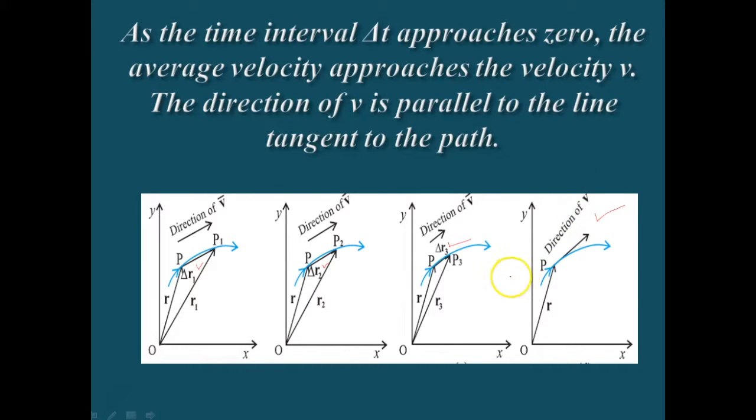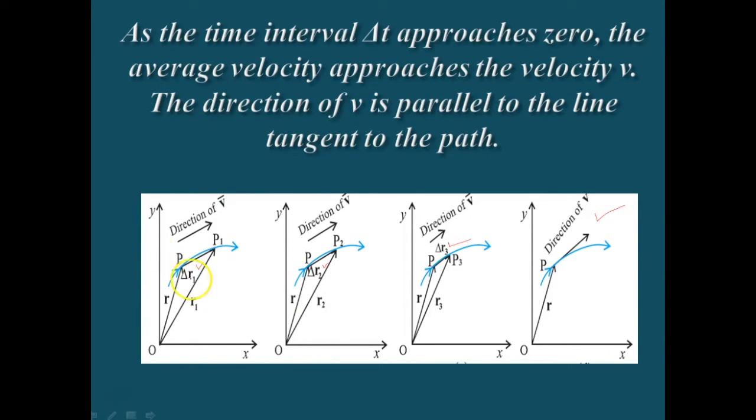As delta t tends to 0, delta r also tends to 0. So as the time interval delta t approaches 0, the average velocity approaches the velocity v. The direction of v is parallel to the line that is tangent to the path.